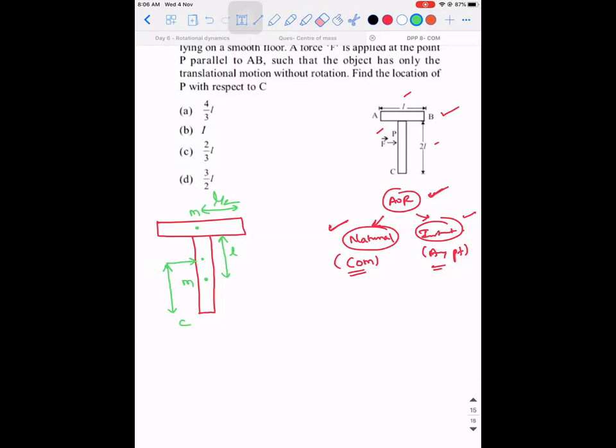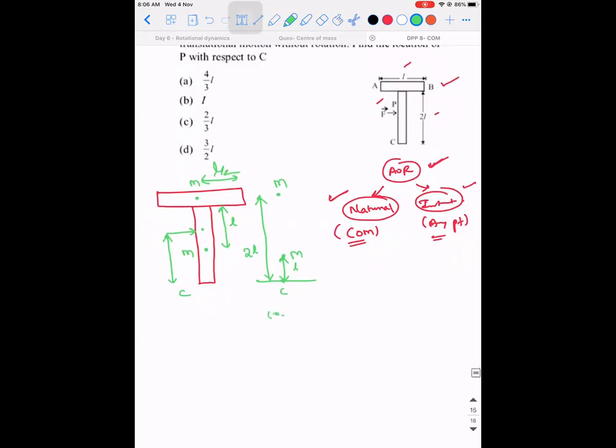Now tell me, this whole system can be converted to a two-particle system such that, with the point C taken as origin, this capital M is at a distance of L and this point is at a distance of how much? 2L. Very good. It is 2L because you can ask me, what about the thickness? When you take it as a thin rod, its thickness is ignored, so it's 2L.